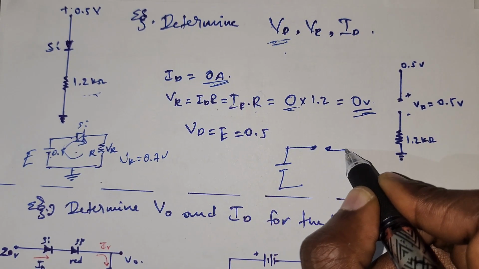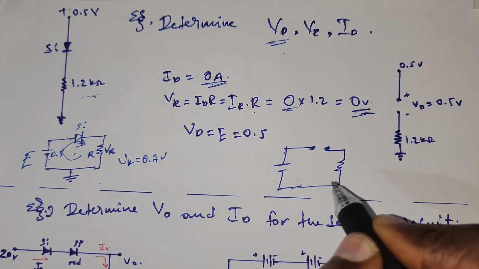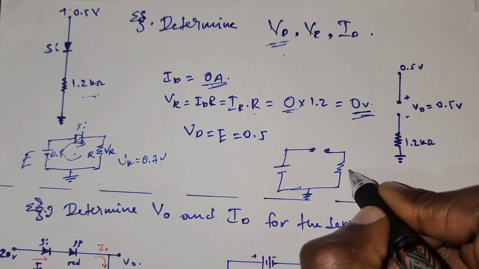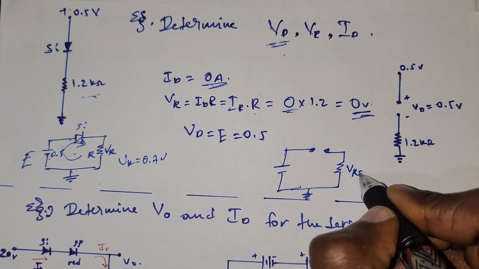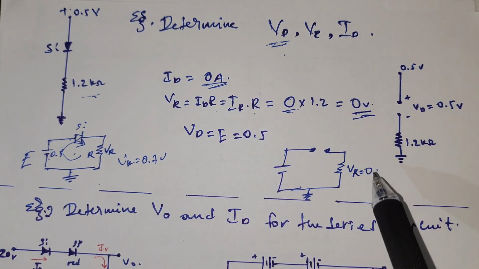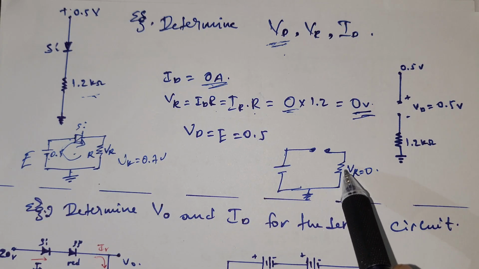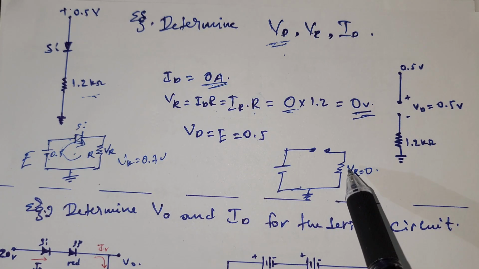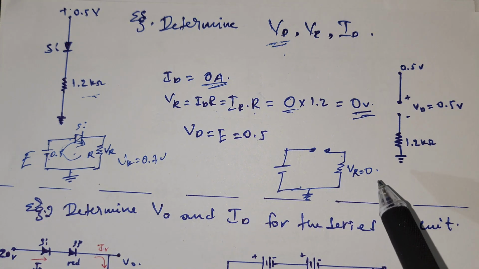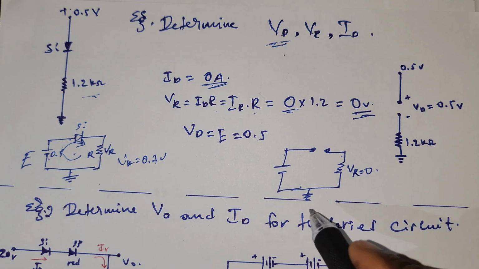This is the ground. VR is equal to 0 because IR is equal to 0. There is no current flowing through this resistor. If there is no current flowing through the resistor, the voltage across the resistor will also be 0.